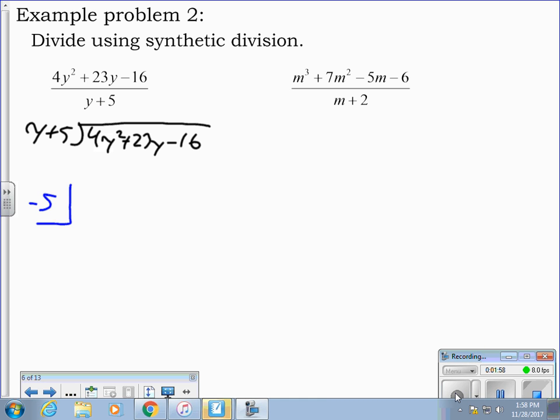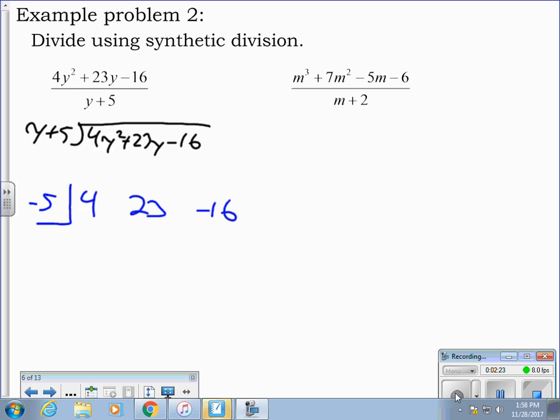Okay. And then next to this, working out horizontally, I write the coefficients that I have in front of my other variables. I have 4y squared plus 23y minus 16. No variables. Okay, this is your setup to do the synthetic division.